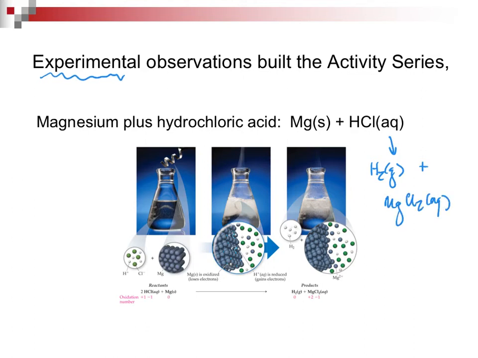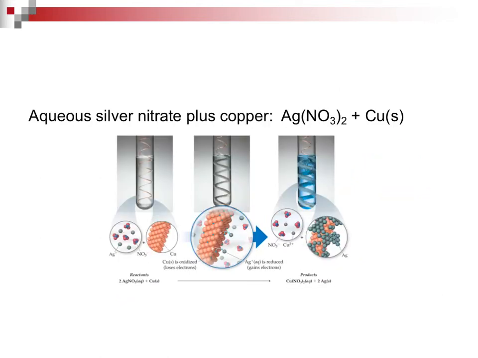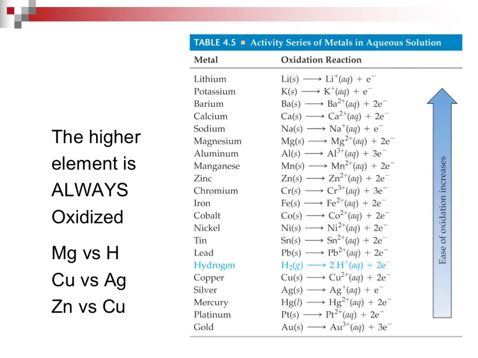So imagine this experiment was run, the next experiment was run, where they took aqueous silver nitrate and they added copper. And when they did that, what they found was silver as a solid was being plated out. And they also saw the beautiful blue color of copper nitrate. So again, it's by observation and it is by experiment. Experiments where you can make some observations.